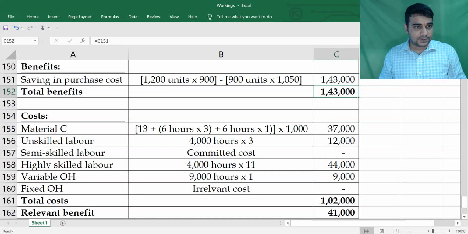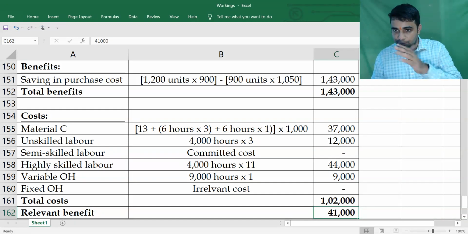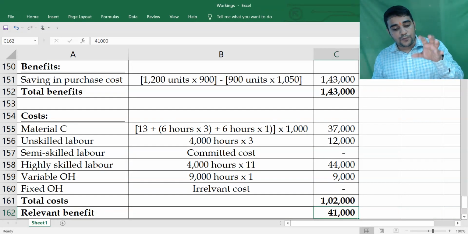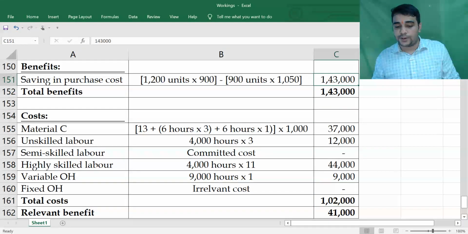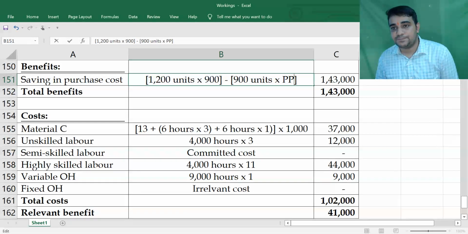Why 41,000? Because alternative one is giving a benefit of 41,000. So 41,000 will come if this is 1,43,000, and this can become 1,43,000 if the purchase price changes.